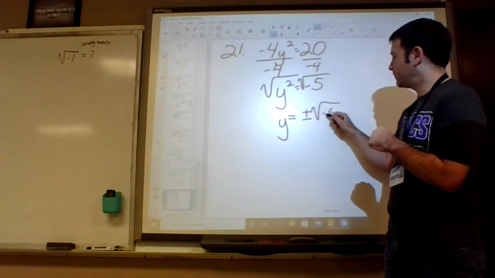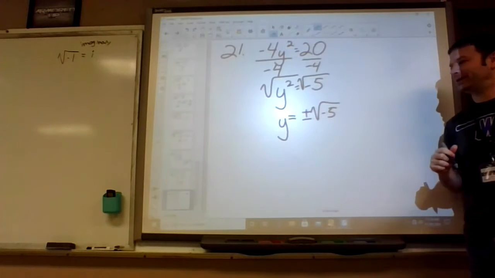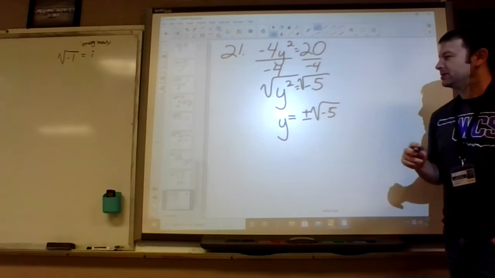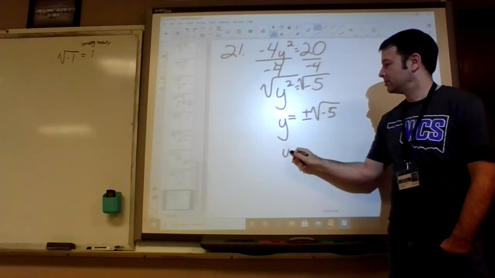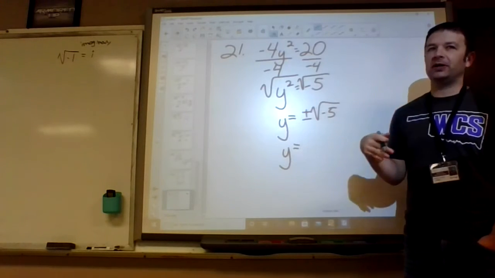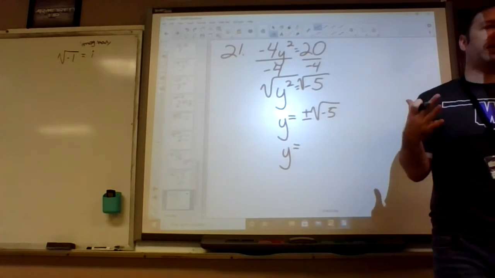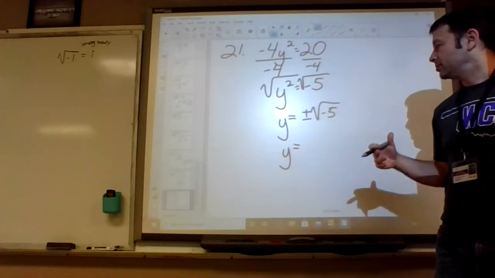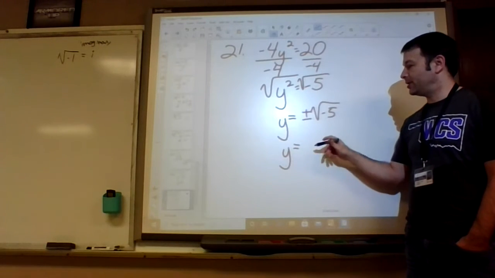Square root of negative 5. Does square root of negative 5 simplify? Does anything go into 5? Are there any doubles inside of 5? No. But you can't leave the negative in there. What do I do with it?